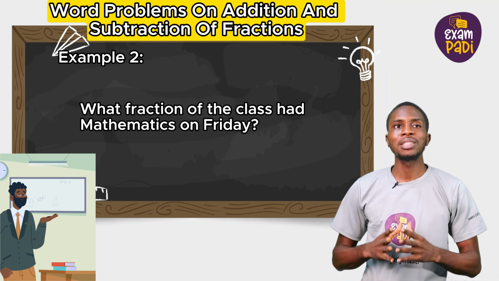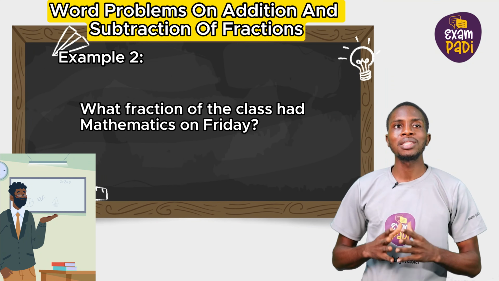Step 1. Denominators are different, so take the least common multiple, that is LCM. 30 is a common multiple of 10 and 6. Step 2. Divide the LCM, which is 30, by each of the denominators and multiply by their numerators.